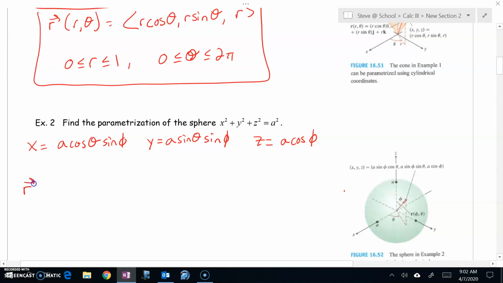So we can say that the surface, in terms of theta and phi, is determined by an x of a cosine theta sine phi, a sine theta sine phi, and then a cosine phi.